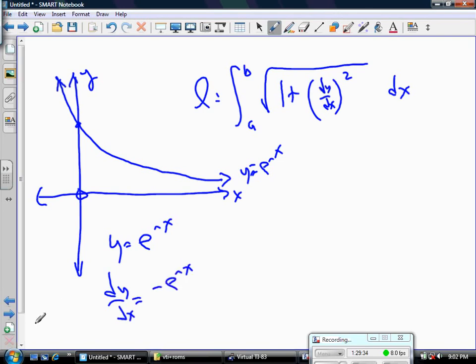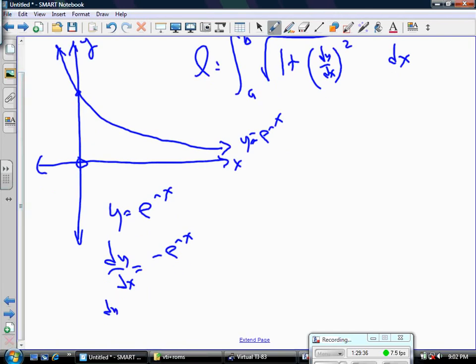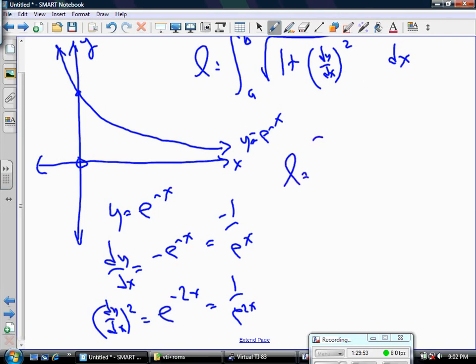Negative e to the negative x. And what's (dy/dx) squared? Because that's what I want. e to the negative 2x, right? Because then that negative goes away. This is technically negative 1 over e to the x, and this is technically 1 over e to the 2x. Okay, so let's do this little formula thingy. L equals the integral from, what are the x values going? From 0 to infinity.